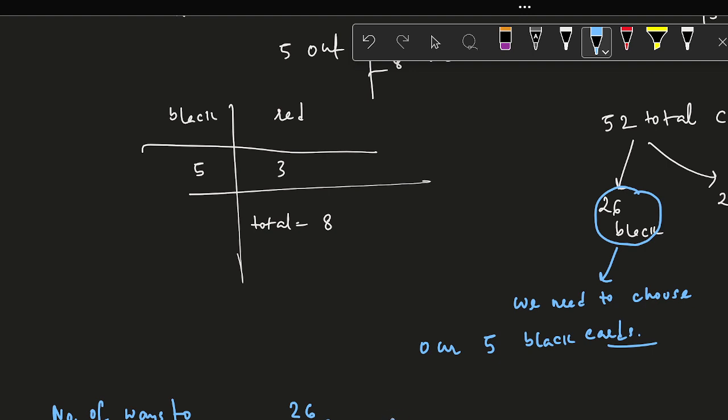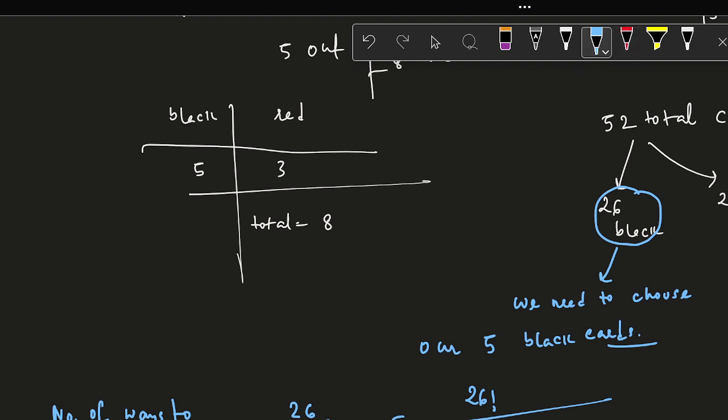So 26C5. You have to basically calculate it. It is just 26 factorial by 5 factorial, and then 26 minus 5, that means 21 factorial. Okay, so one part is done here.